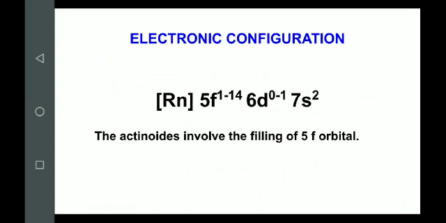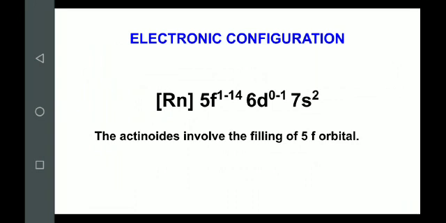For convenience of writing the configuration, we can take the help of the electronic configuration of the noble gases. So radon 86 is the noble gas which we use for convenience for writing the electronic configuration.